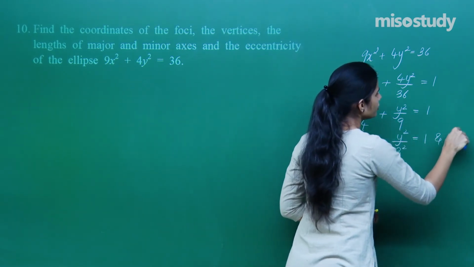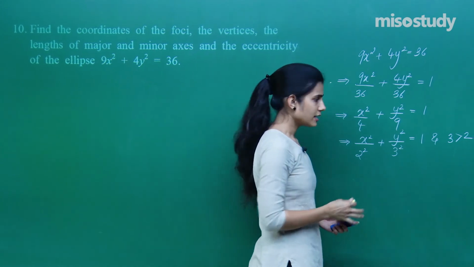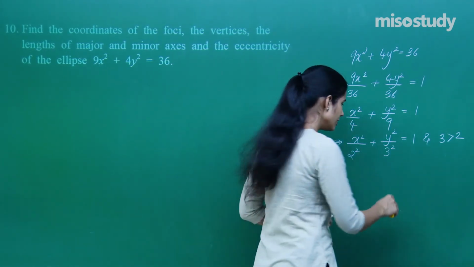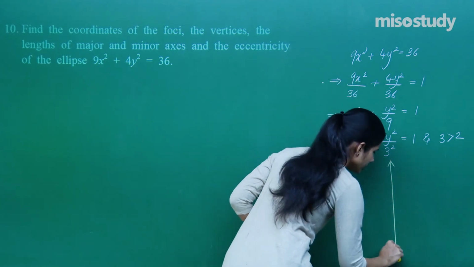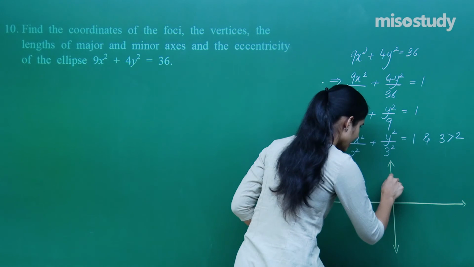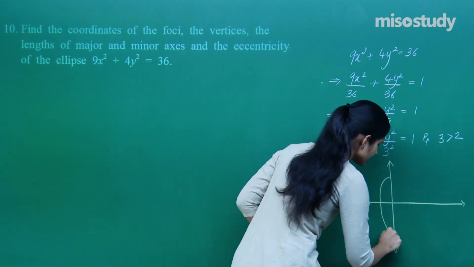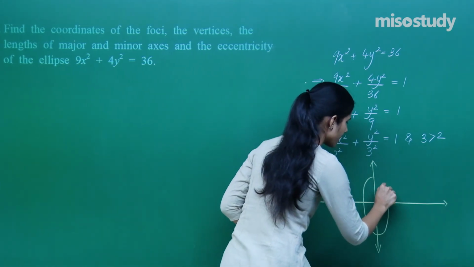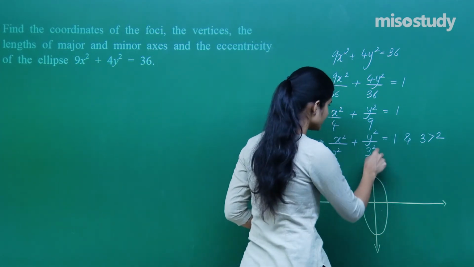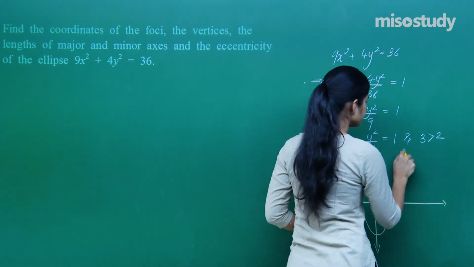And 3 is greater than 2. That means along the y-axis you are getting 3 and along the x-axis you are getting 2. That means the ellipse has its major axis along the y-axis. So it is like this. Major axis is along the y-axis.